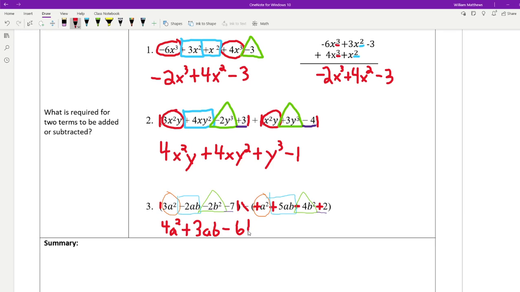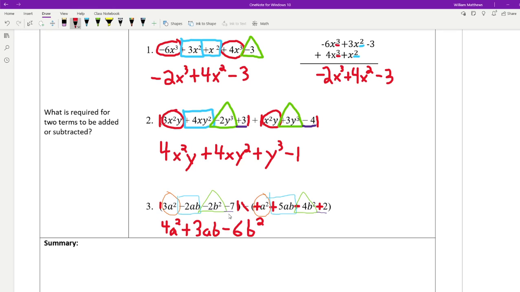Oh, this is going to be difficult, making these look different. Here, let's try to make this 6 look a little bit different. There we go. Otherwise it looks like a slanted b. Negative 6b squared.